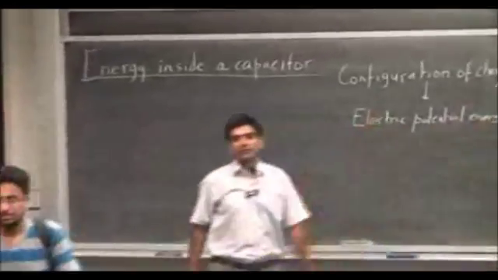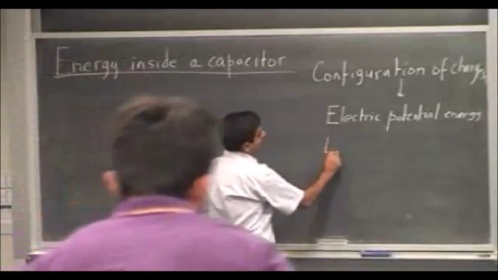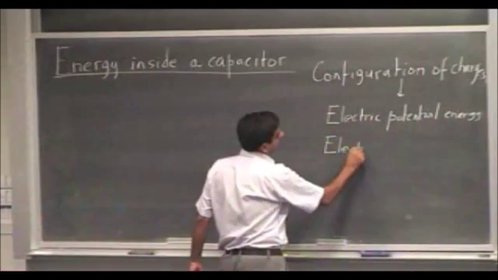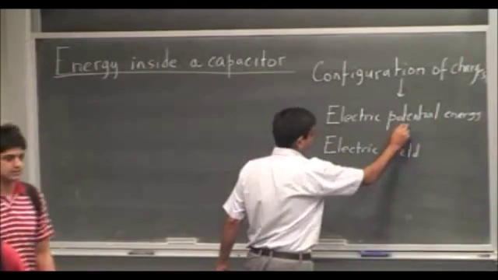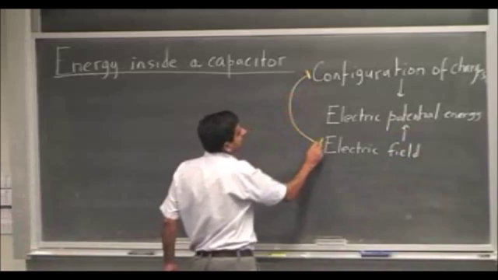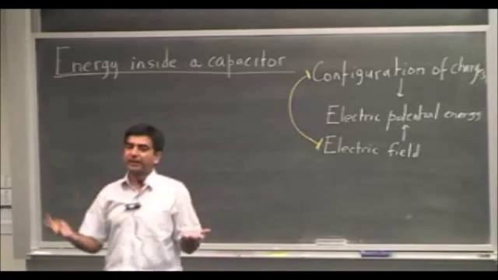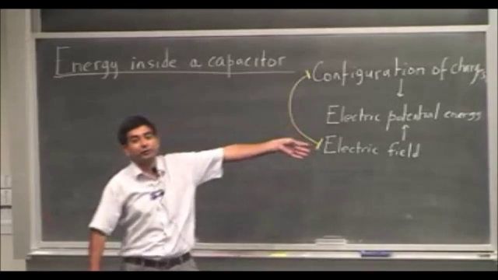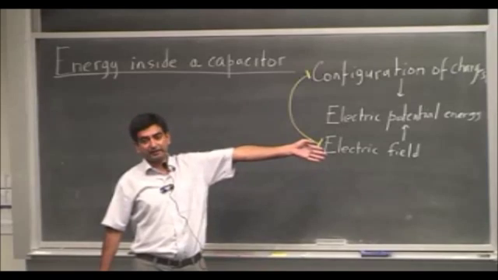And associated with the configuration of charges, there is an electric field. So these two aspects, the configuration of charges and the electric fields, are one and the same thing. If you know the configuration of charges, you can use Gauss's law or Coulomb's law to find out what the electric field pattern looks like.